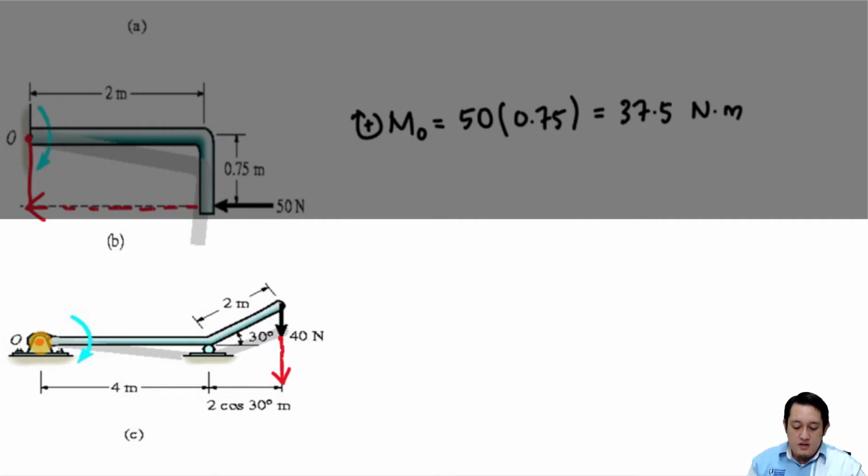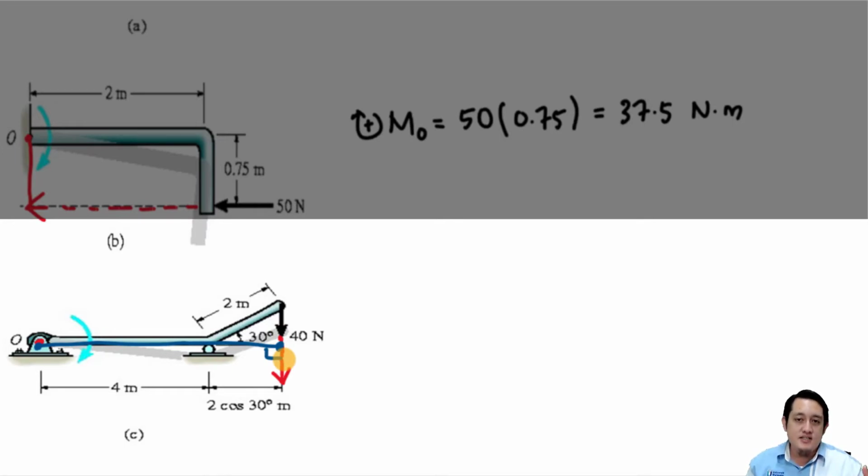From here, 90 degrees up until this one, means that we have from here up until this one, this distance. So this is the 90 degree distance of this force here.